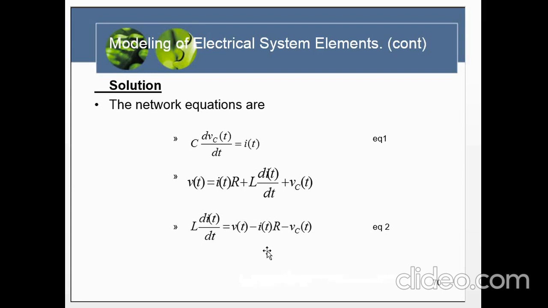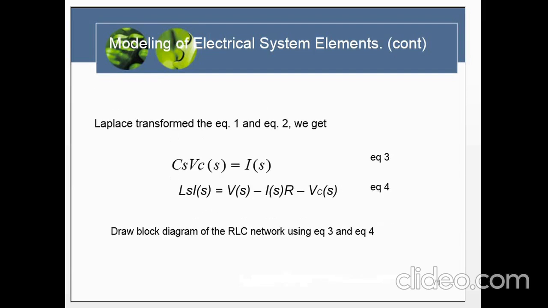This we call equation number 2. And then Laplace transform equations 1 and 2, and we get that Cs Vc(s) is equal to I(s), and Ls I(s) is equal to V(s) minus I(s)R minus Vc(s).